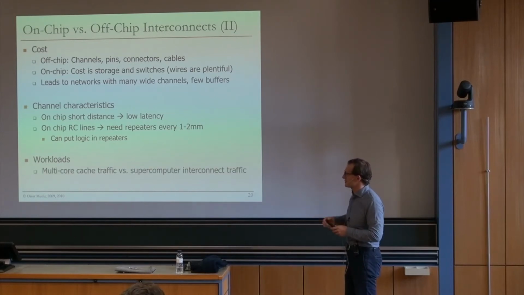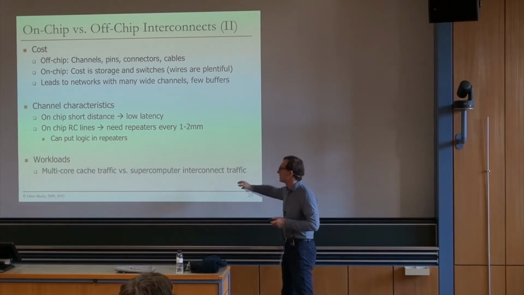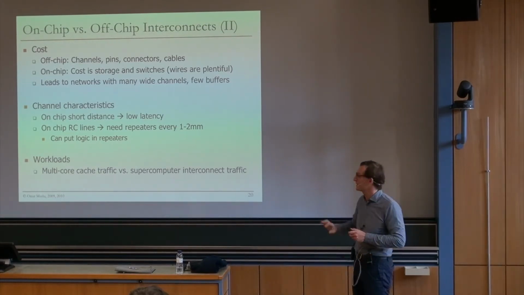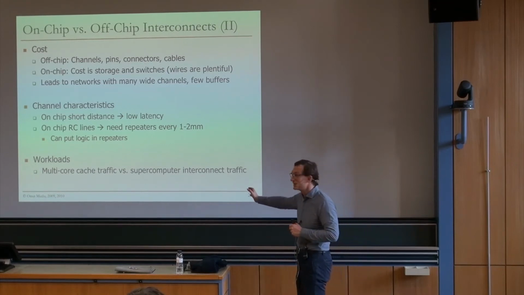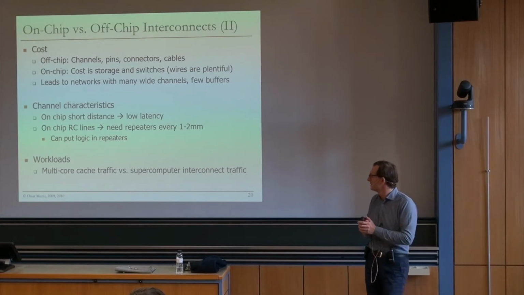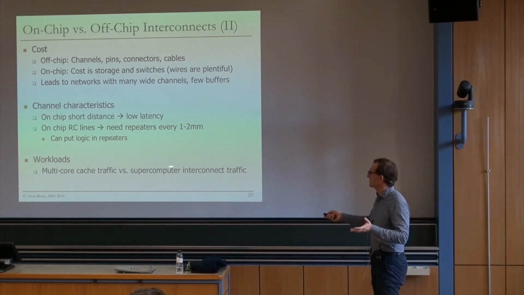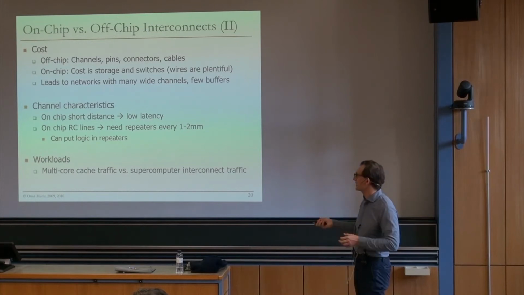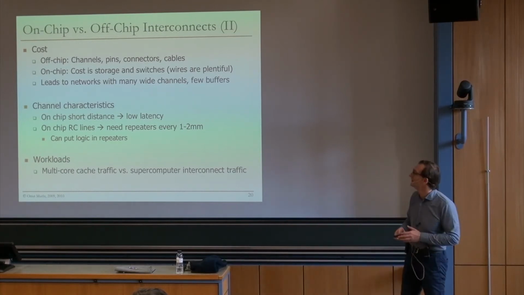And workloads, as we discussed, on chip you have multi-core cache traffic, but if you look at off-chip networks, it's more like supercomputer interconnect traffic, which could be very different from the traffic that you have in a cache-coherent multi-core system, right? And if you think about the internet, actually, it's a different type of traffic than even this one, right? It's very different. The characteristics that you have are very different from multi-core cache traffic.